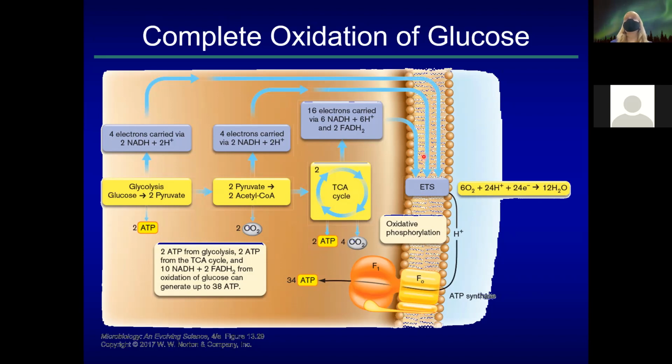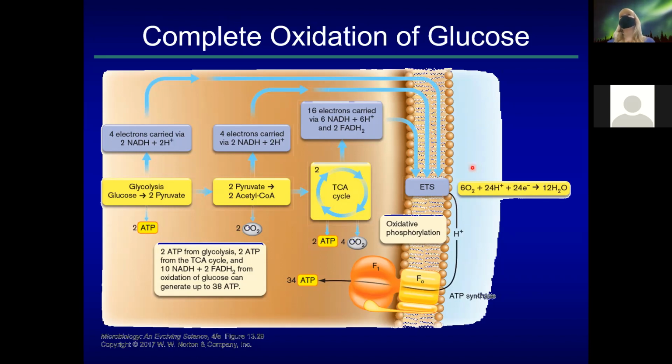Whenever you think about an electron transport chain system, you have to think about really two parts to it. Yes, you have electrons being transferred from donor to acceptor on down the line. But in that process, you have protons building up across the membrane.